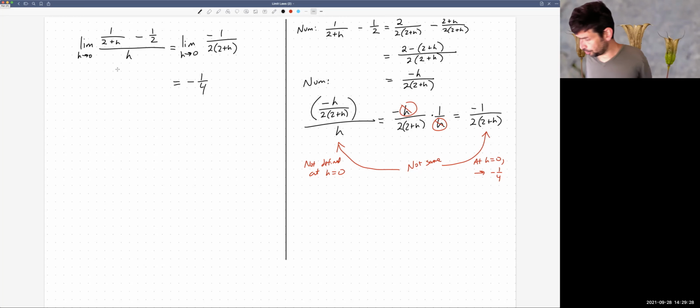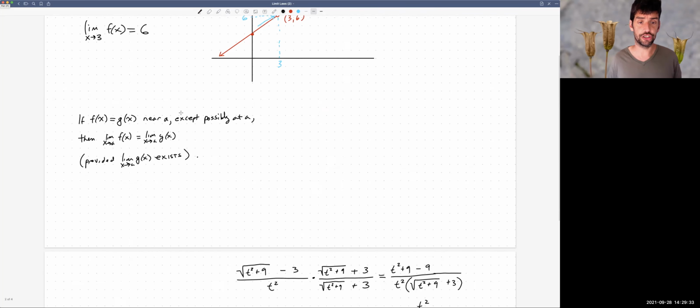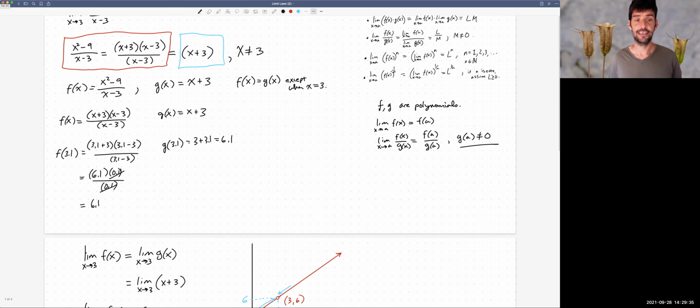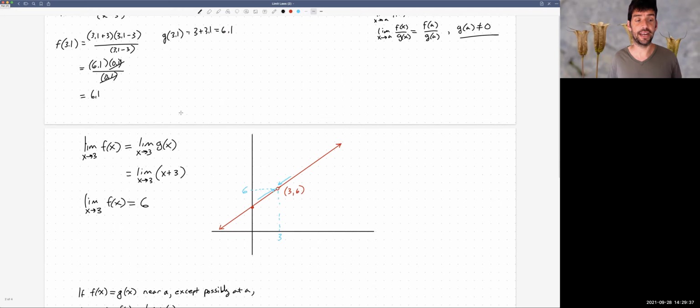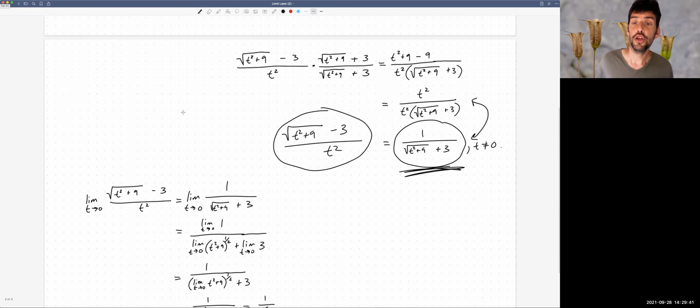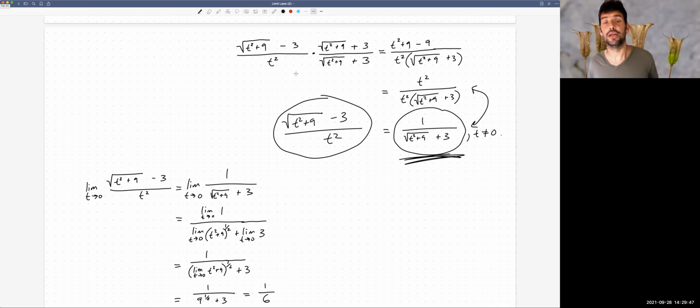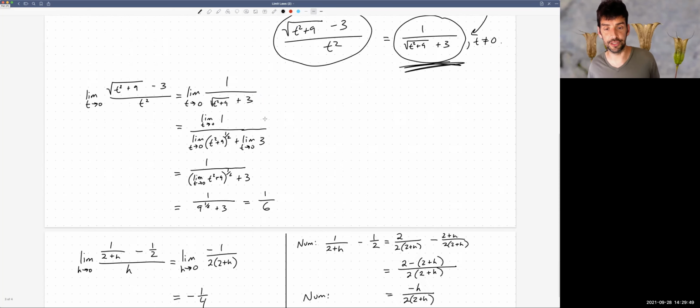Okay, so I've shown you 3 examples now. We had a rational function where we factored it to cancel out the problematic factor and take the limit. That was our first big example. We saw this one where we used the concept of the radical conjugate to end up getting rid of a 0 in the denominator.